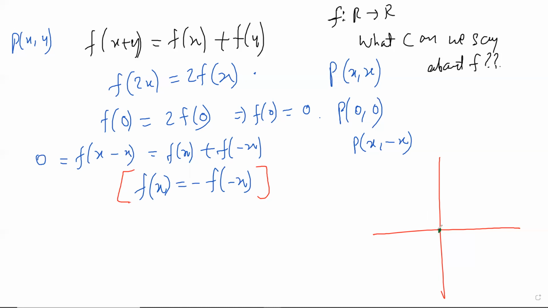Now you see, this is saying that if you find the value of f at x, for any x, and then you find its value at minus x, symmetrically on the negative x-axis, then the value would be negative. It would be the same value, just the negative of that value. So how would the graph look? The function could be like this, but it would be symmetric about the origin. You see, the graph will go through the origin.